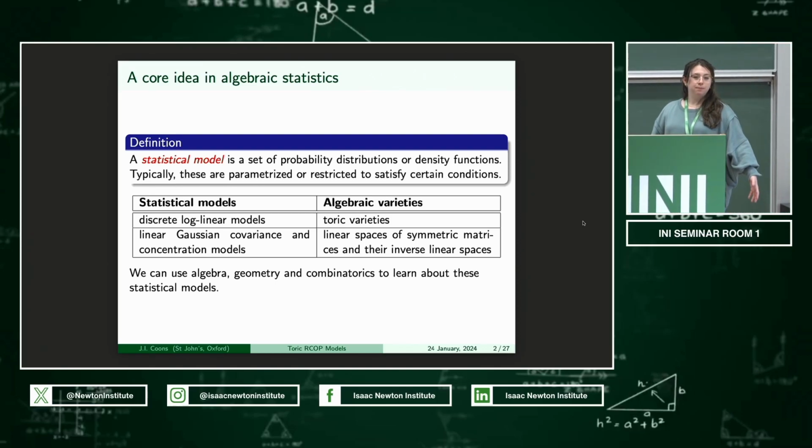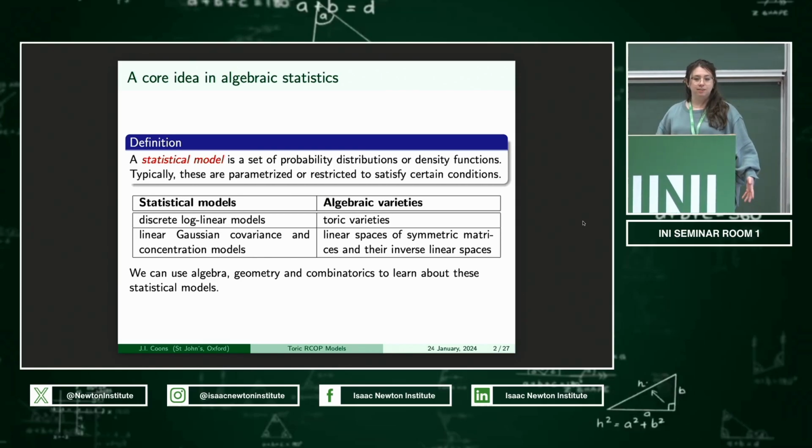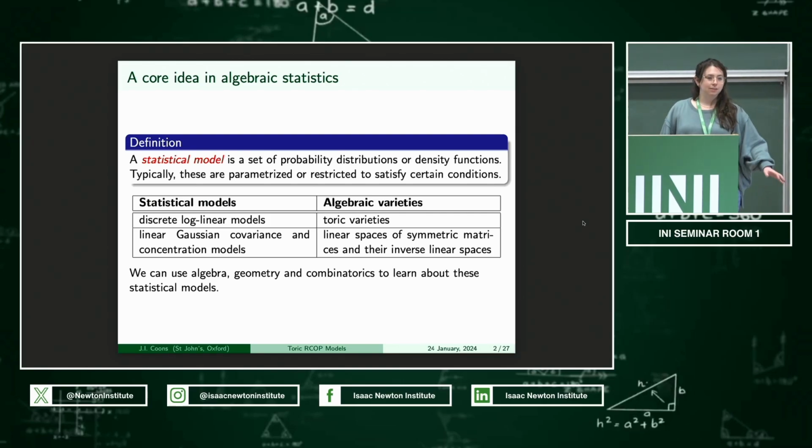These are often either parametrized or restricted to satisfy some conditions, and in many situations you can translate this into the vanishing of some polynomial equations. And our goal is to use these classical algebraic geometry techniques to try and learn statistical information about your model.